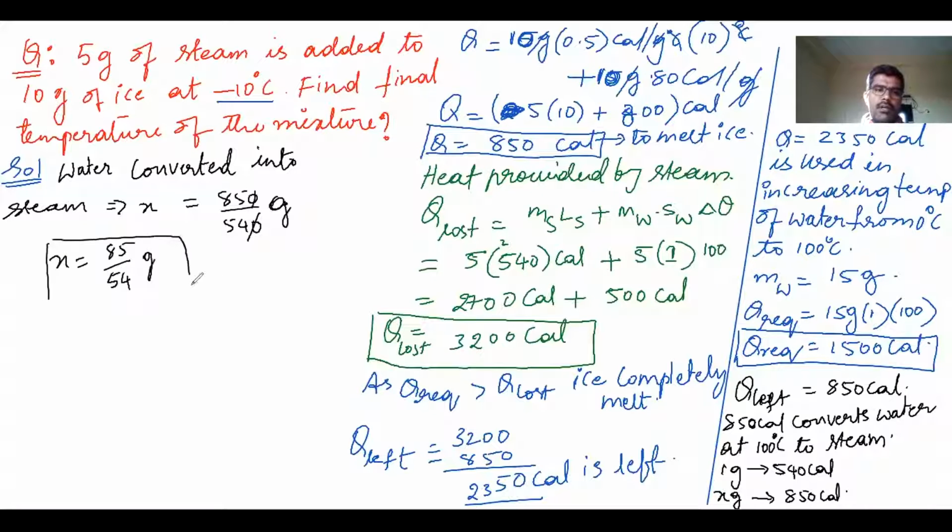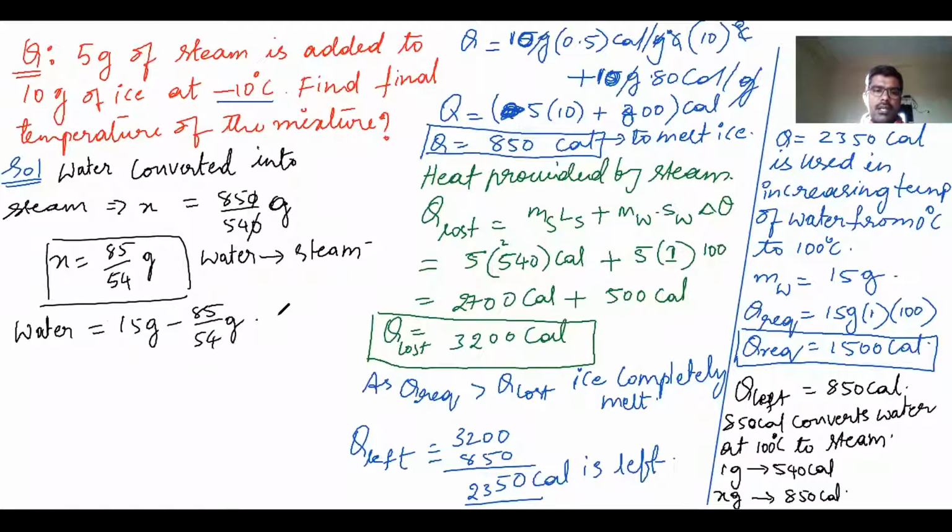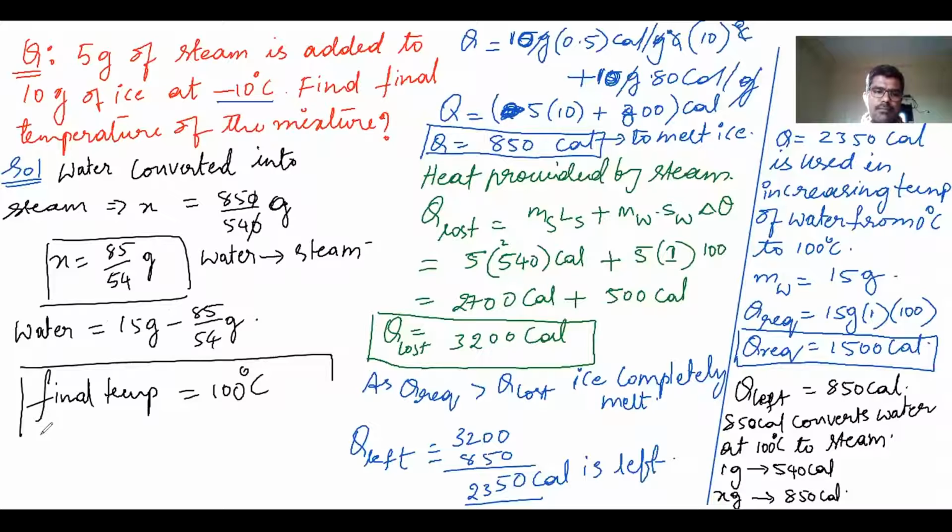This much amount of water is converted into steam, and the remaining water leftover will be equal to 15 gram minus 85 divided by 54 gram. So this is the total amount of water left over in the mixture. Final temperature is equal to 100 degrees Celsius. Remember this, final temperature is 100 degrees Celsius.